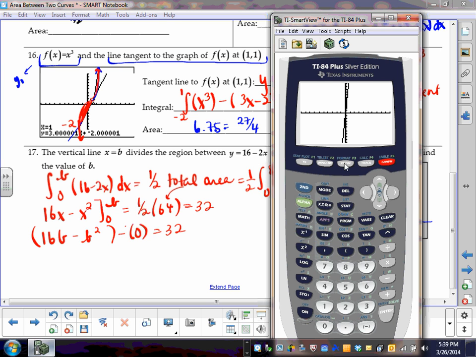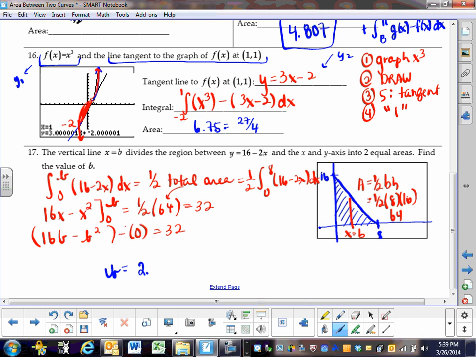Okay, so if I can't see, I could zoom 0 to see what else is going on. So I can calculate the intersection. I get 2.343. So b equal to 2.343 actually works.